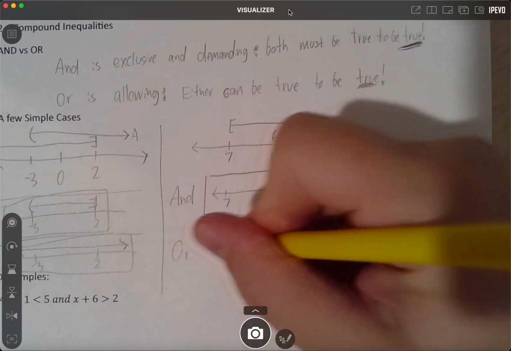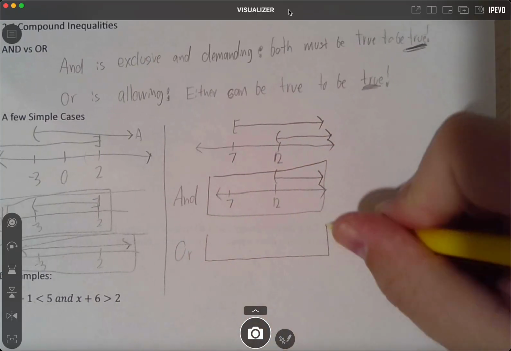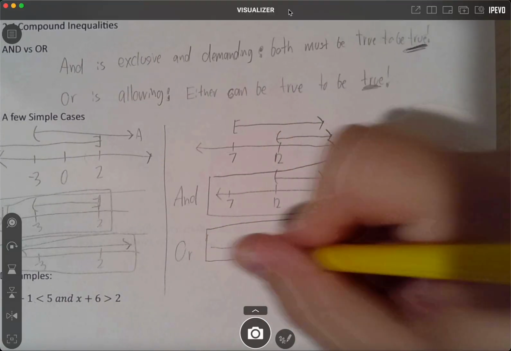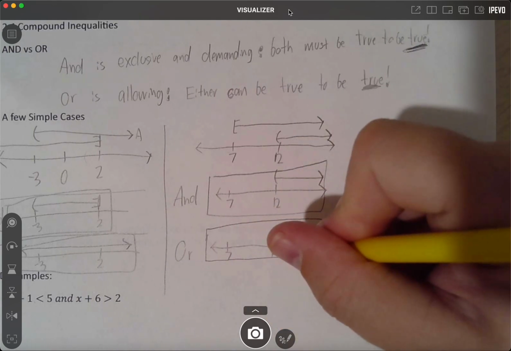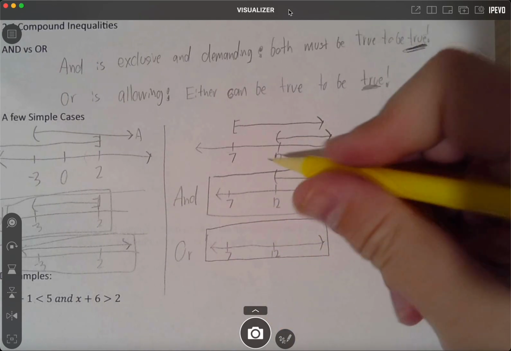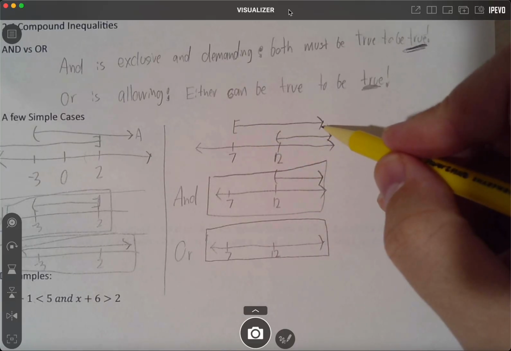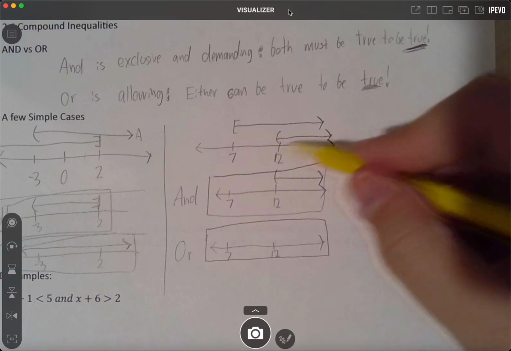The OR, again, is what we call allowing. I guess I'll put a box in it already. So it'll take where either of them are true. So was it true for one of them, then it's true for both of them. Well, this is a little bit interesting. The 7 or above, actually, think about it, covers and gives a little more than the 12.